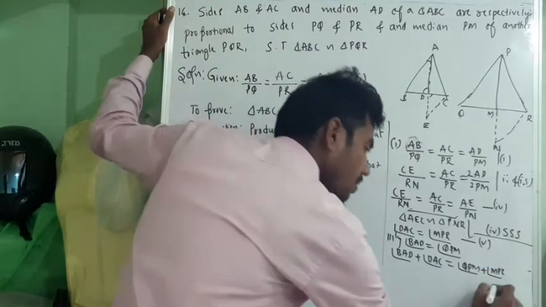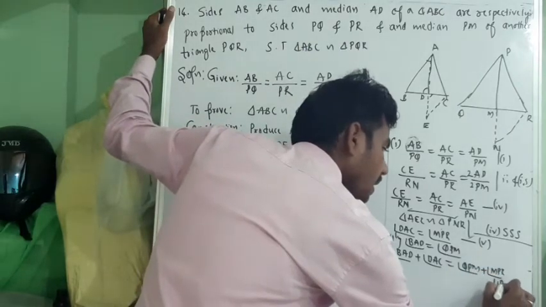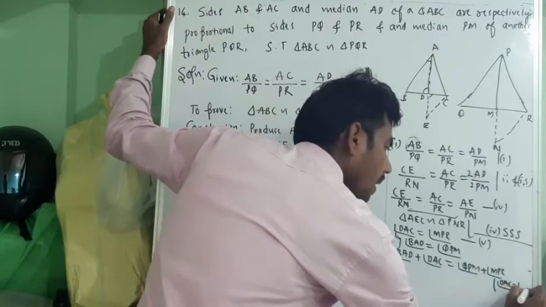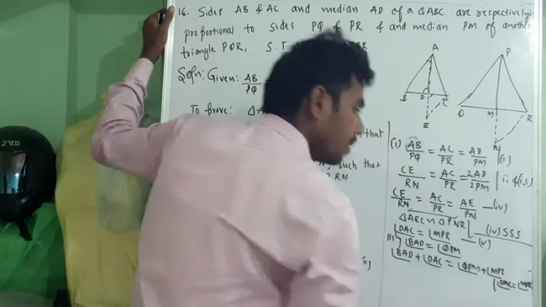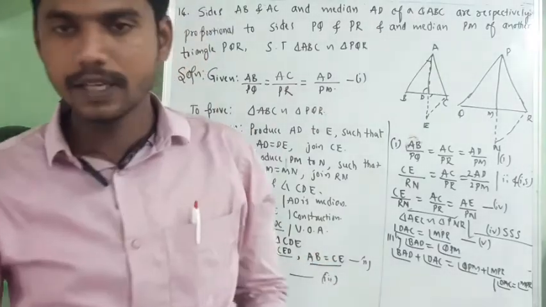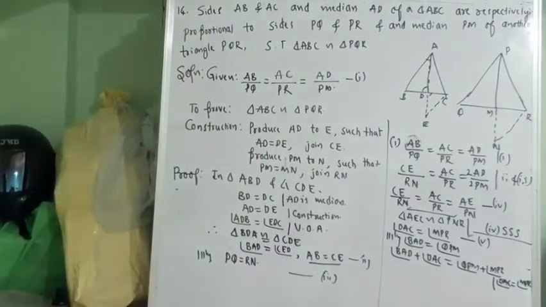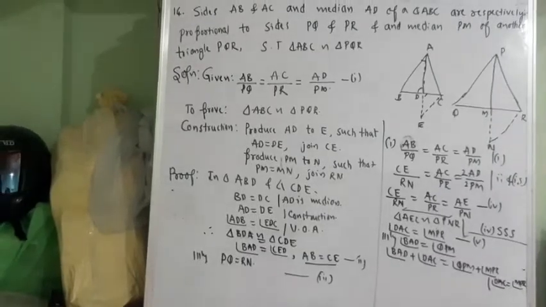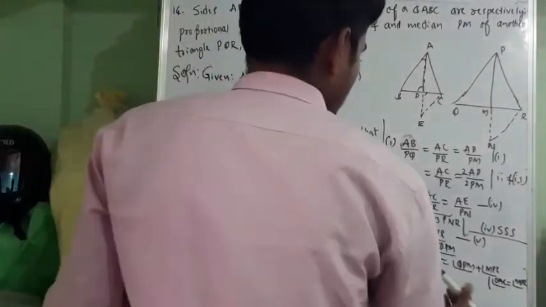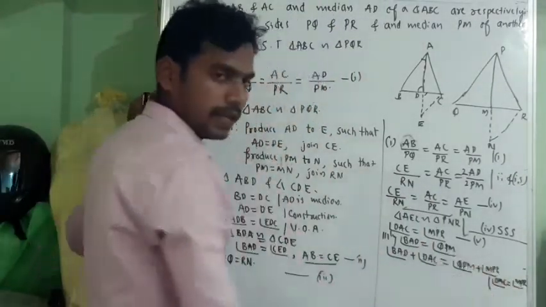I can add, because angle DAC is equal to angle MPR, so we are adding equal angles on both sides of the equation.